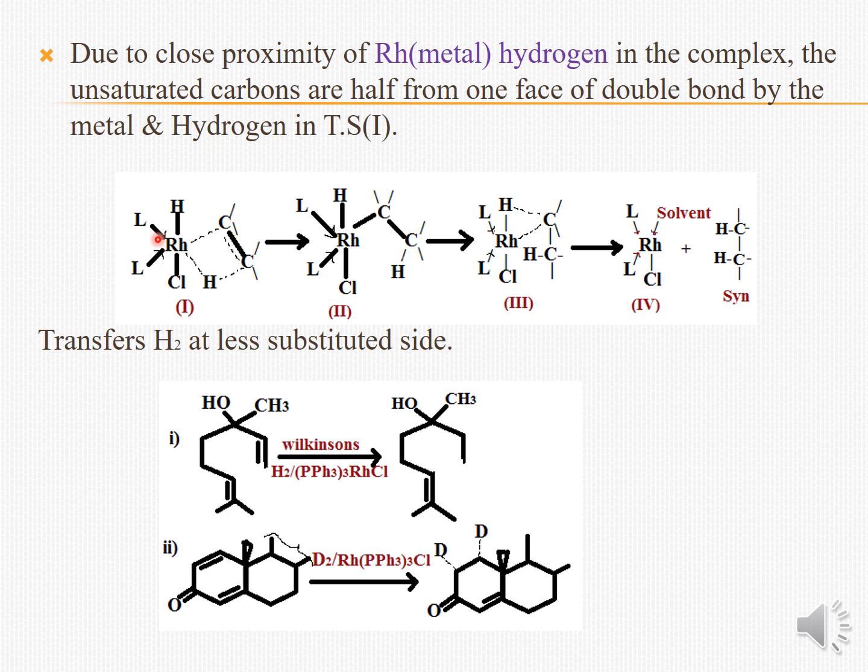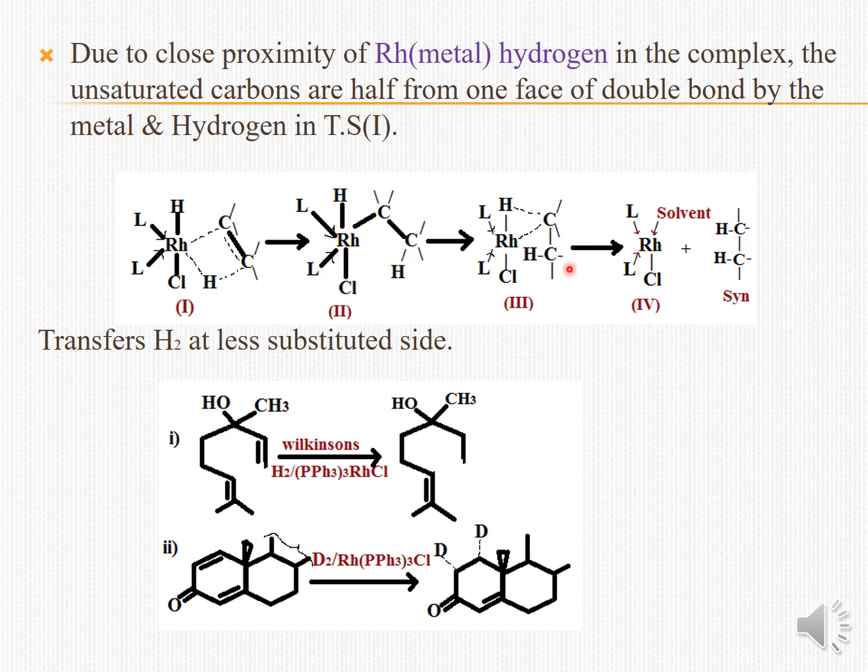Half face of your double bond can be shown in the first transition state, and in the next transition state what happens here is it will just go and attack the carbon atom by the cleavage of this complex, that is your RH, and one of the H bonds gets cleaved out, so you are resulting in this.